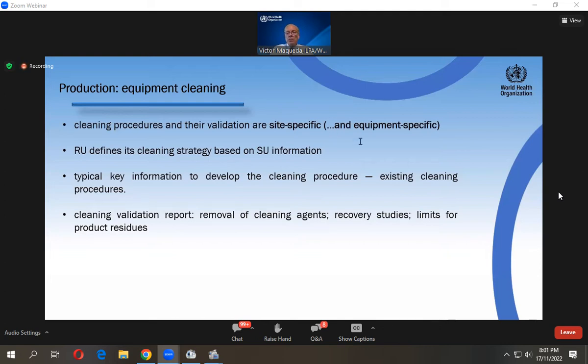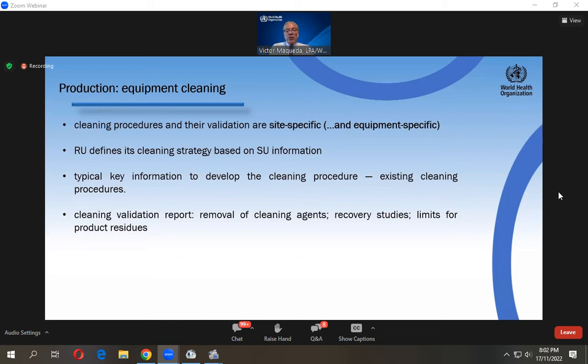The receiving unit defines the cleaning strategy based on the sending unit information, as we said, and of course the typical key information to develop the cleaning procedure, and the existing cleaning procedures that need to be transferred and considered.